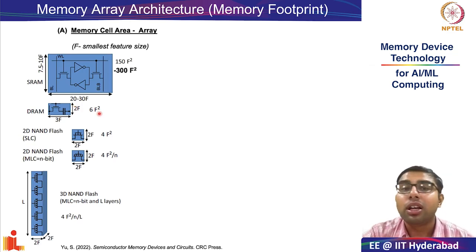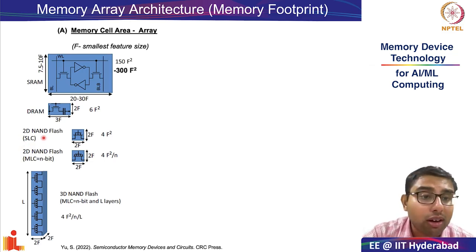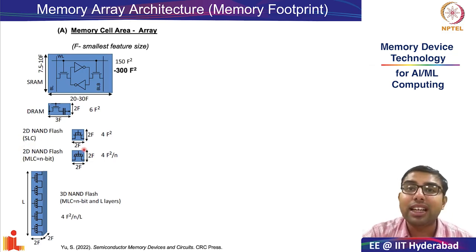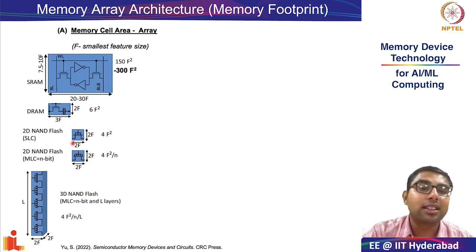How is the story when it comes to NAND flash? Please try to recall. The NAND flash is essentially one modified transistor, so you have removed the capacitor which was there in DRAM. Therefore, a single 2D NAND flash cell, storing just one bit of information, can fit within 2f and 2f sides, and therefore 4f squared.